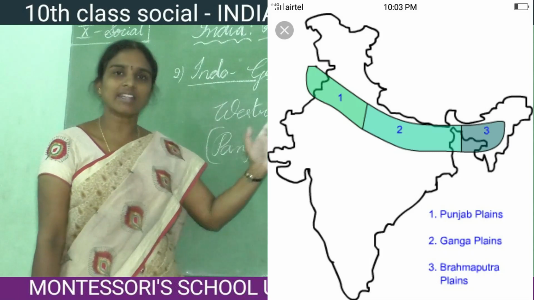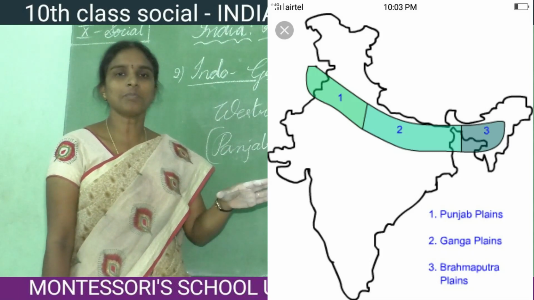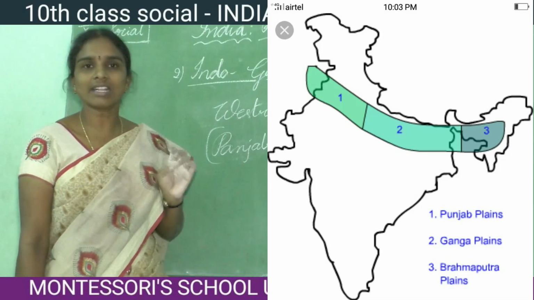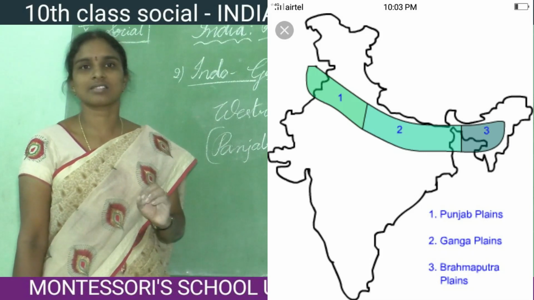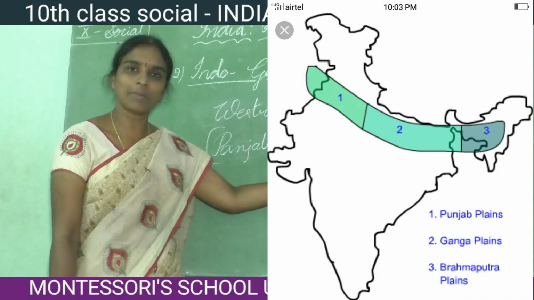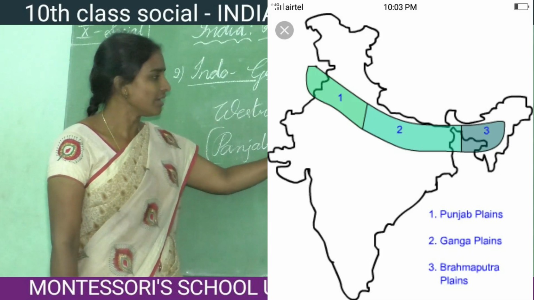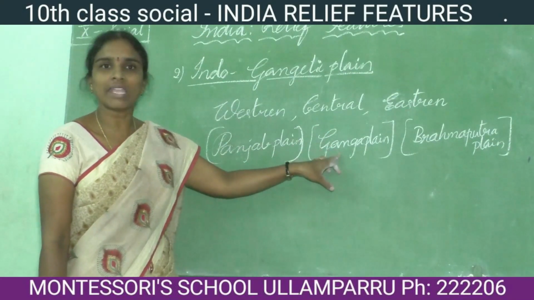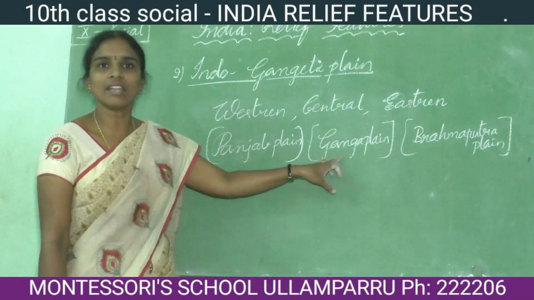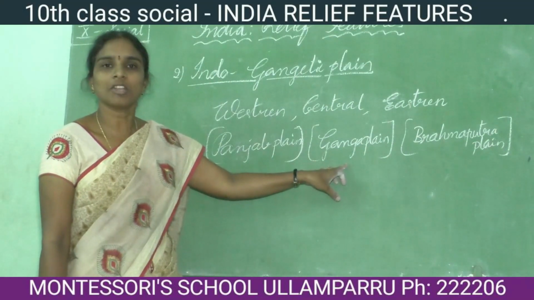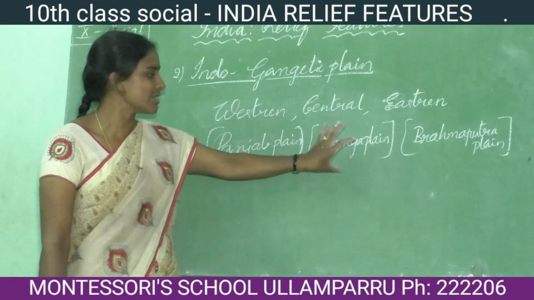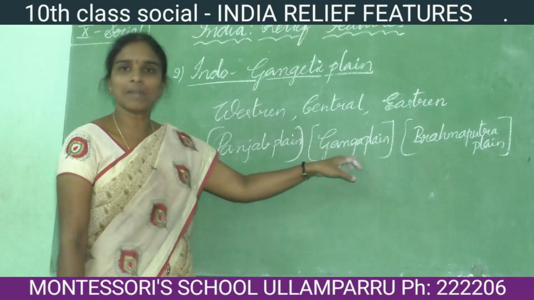Coming to the central portion, the central plain region is formed by the river Ganga and its tributaries. So that is the Ganga plain. The Ganga plain extends from Uttar Pradesh, Bihar, Jharkhand and West Bengal because it drains into the Bay of Bengal. So the central part is known as the Ganga plain.